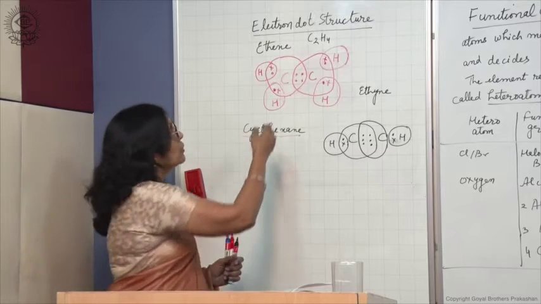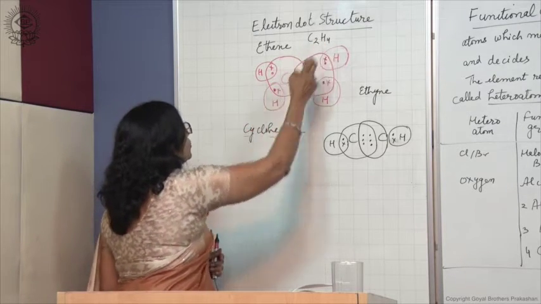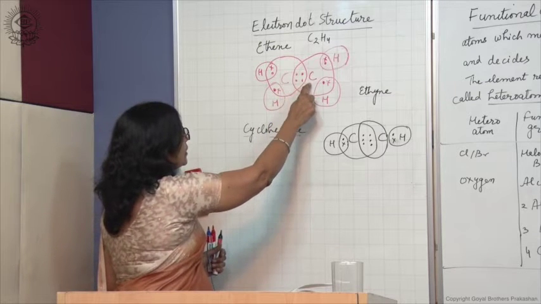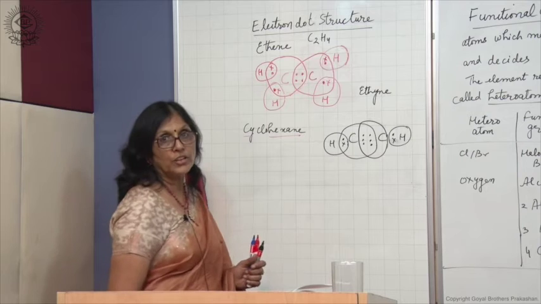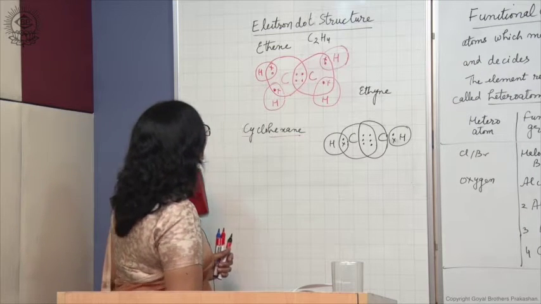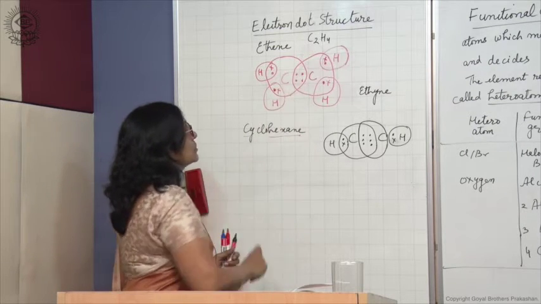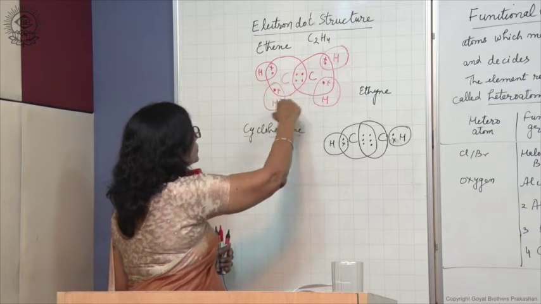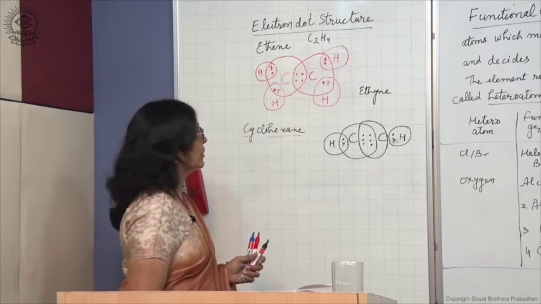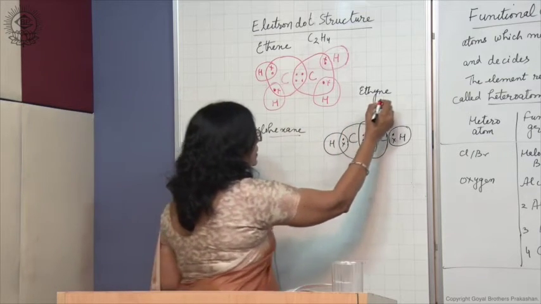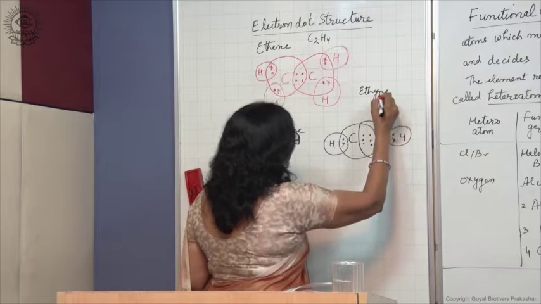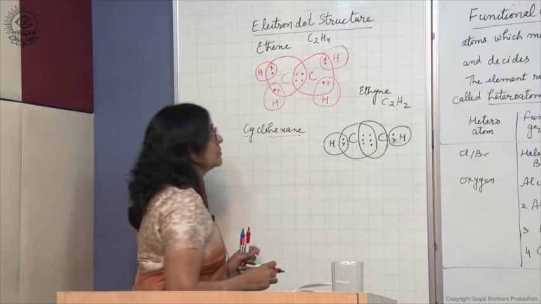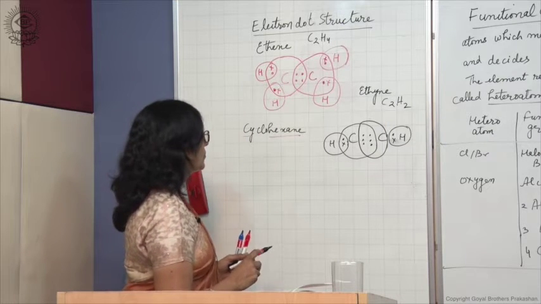See the electron dot structure of ethene C2H4. So, here a double covalent bond is formed by the sharing of 2 electron pairs, and both carbon atoms complete their octet, and hydrogen atoms also complete their duplet. Another first member of alkynes is C2H2, ethyne.